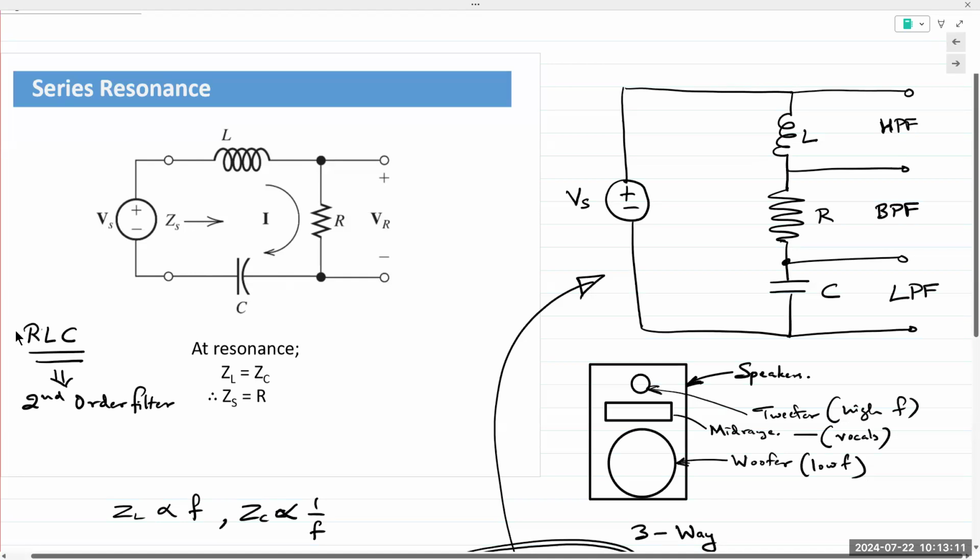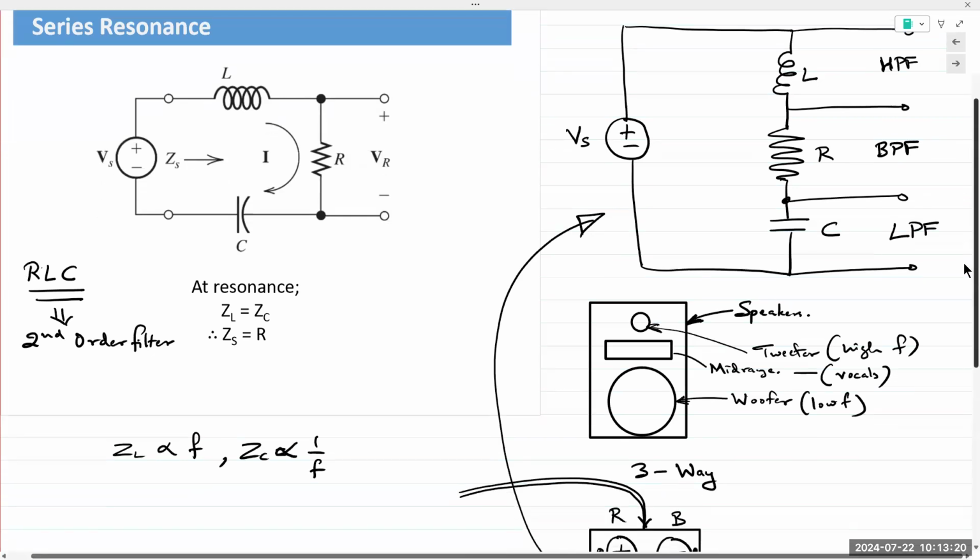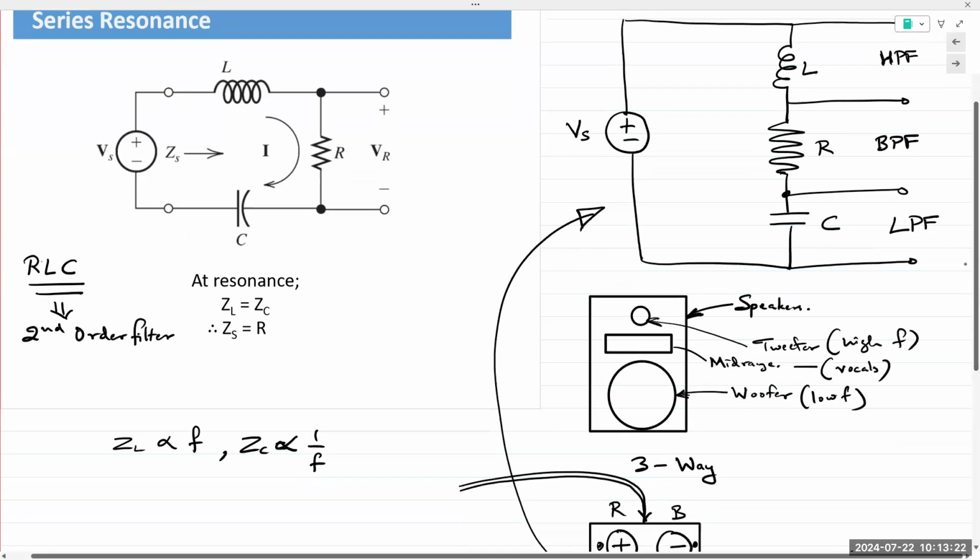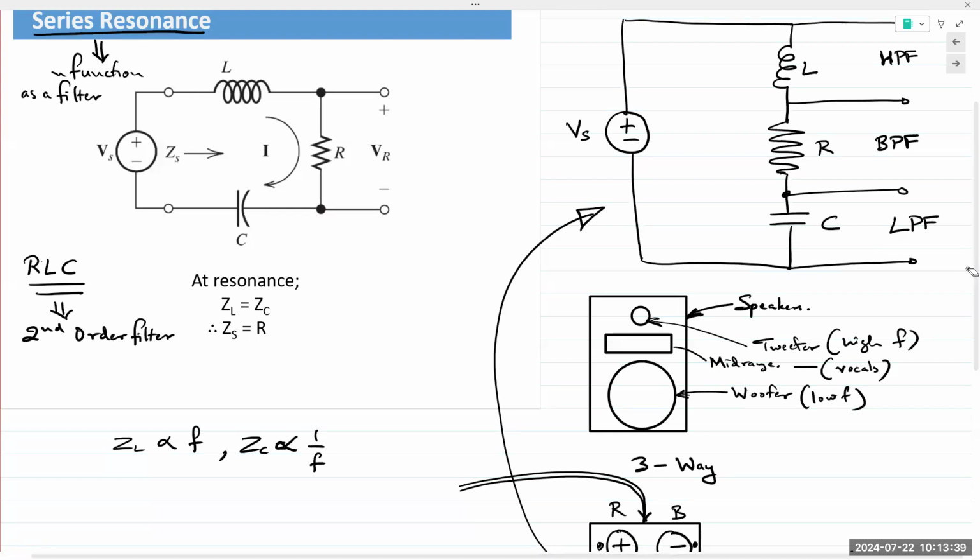So it requires a second order differential equation to solve for the voltages and currents. Hence, it is a second order circuit. And because it can function as a filter circuit, it is also known as a second order filter. Okay, any questions so far?